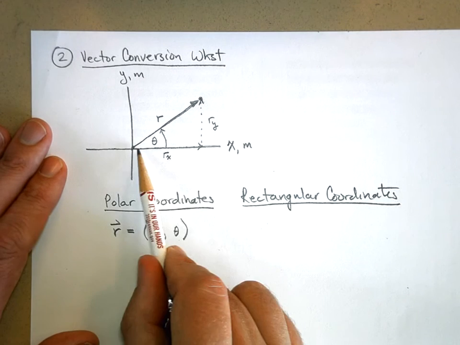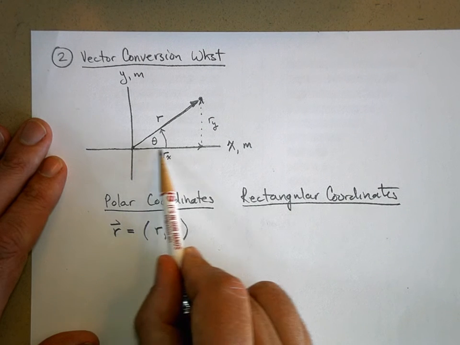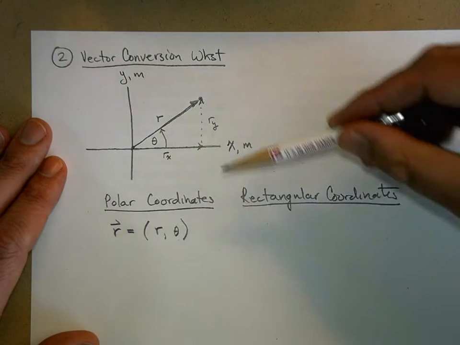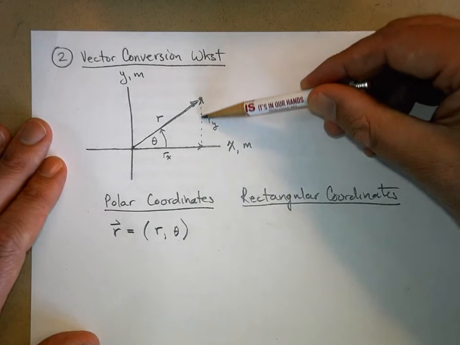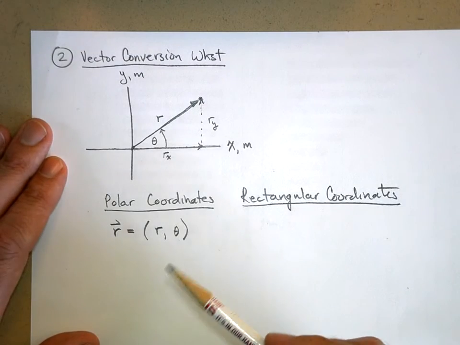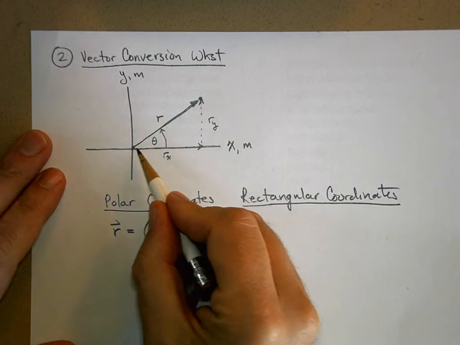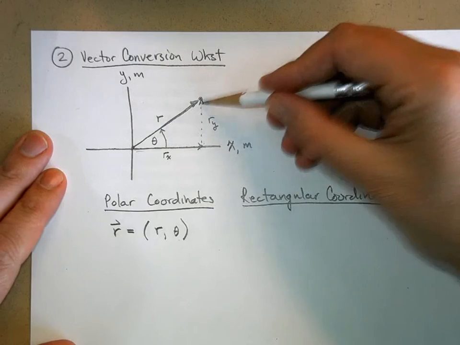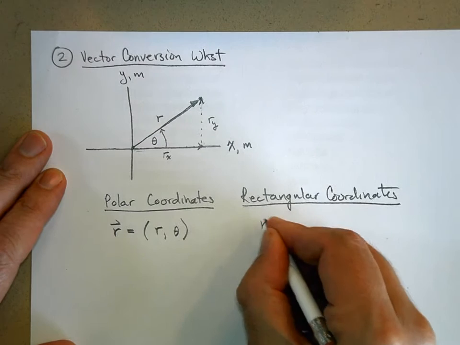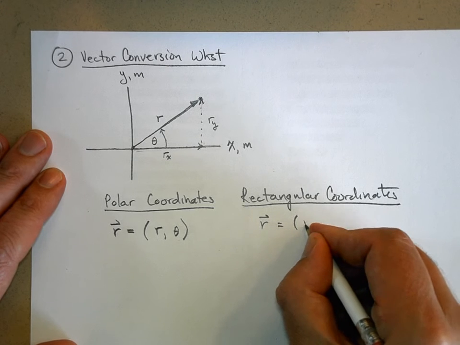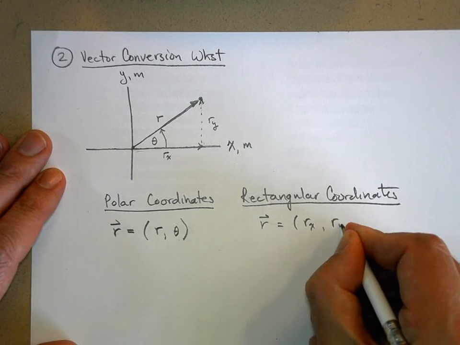And by the way, this is called the x component of vector r, and this is called the y component. We have two component vectors. We've broken the one vector up into two other vectors, the x component and the y component. So I would say vector r here is equal to r sub x and r sub y.